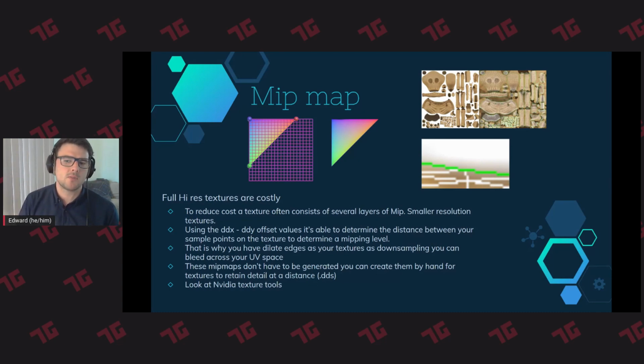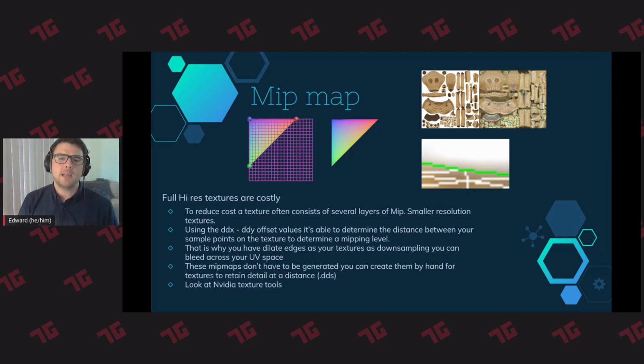Examples of why you might want to do this: if you have a tiling texture, as you get further and further away you can see the details on it become really clear and the tiling becomes really obvious. You can author your own MIP maps that will begin to remove the tiling artifacts and make them look much smoother as you go away.